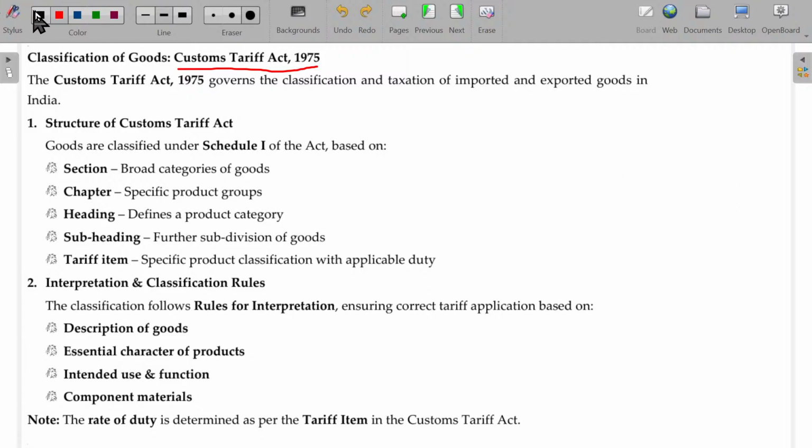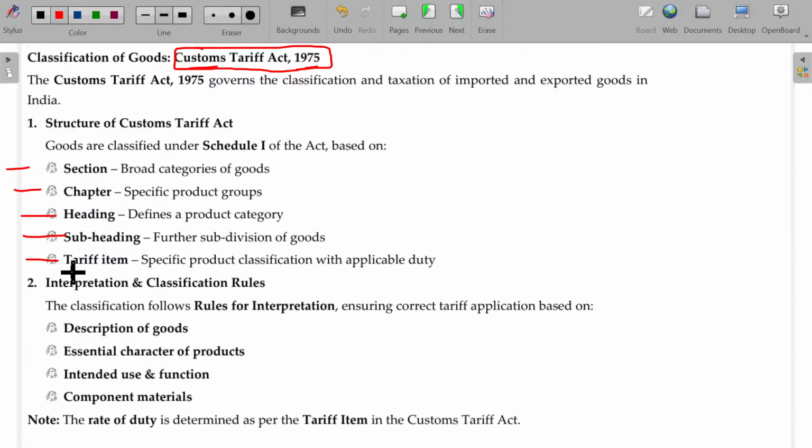To classify that, you can go and refer to the Customs Tariff Act 1975. Like the structure you learned in income tax, where we have sections, subsections, and classes, similarly in the Customs Tariff Act, we have section, chapter, heading, subheading, and tariff item. When you want to clarify whether goods fall under edible oil or cosmetic goods, go and see every section and under that the chapter, heading, subheading, and tariff item.